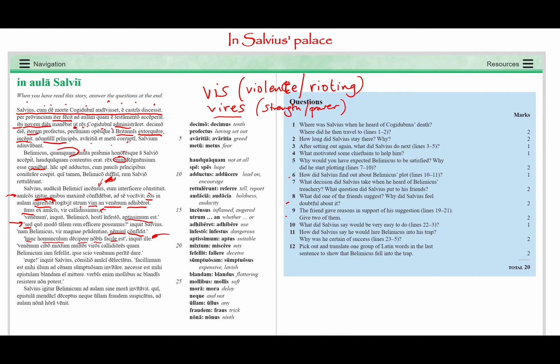So the reason why it might be easy, the answer is, I'll just outline that little bit here. So venenum, poison, having been mixed with food, deceived many more intelligent, cleverer men than Bellimachus already.